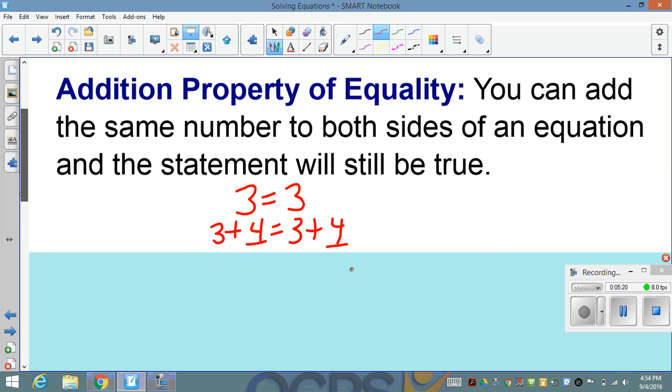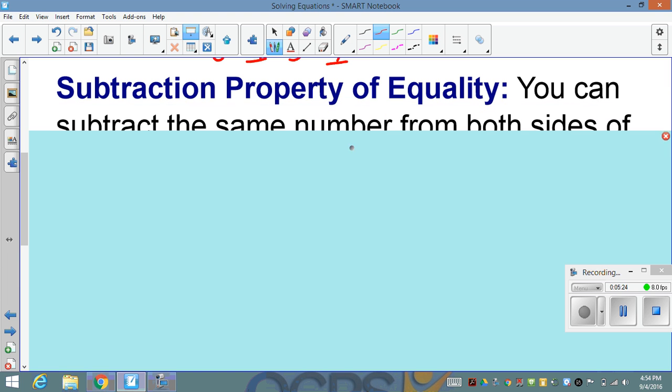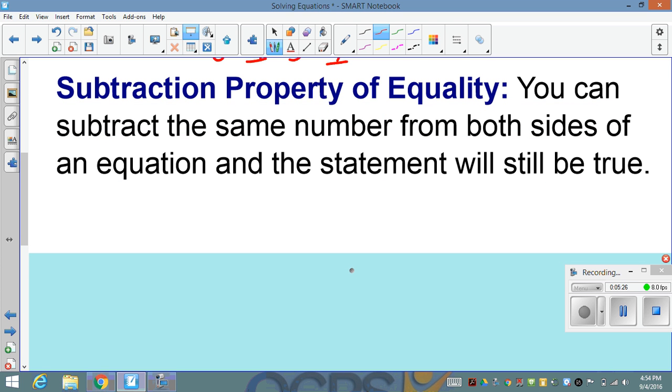Now, each of our 4 operations that we're talking about today, there are plenty of other inverse operations, but the 4 we're talking about today each have their own property. So our subtraction property of equality, you can subtract the same number from both sides of an equation, and the statement will still be true. And I'm going to actually write this one in algebra for us.